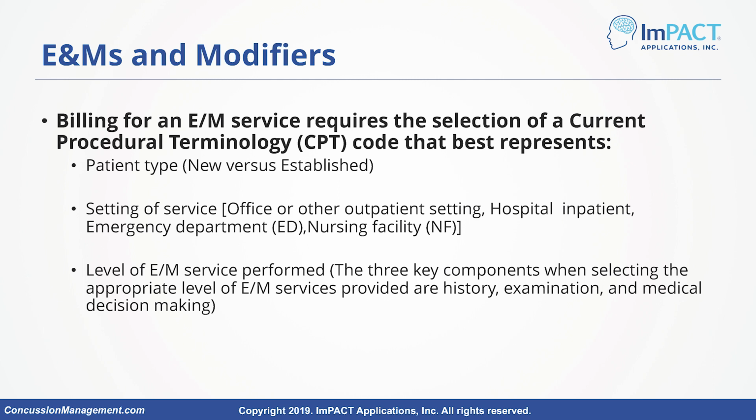So it's based upon patient type, new versus established, the setting of the service, which is an office or other outpatient setting, hospital, inpatient, emergency department, etc., and then the level of the evaluation, and that's how extensive was the history, how extensive was the exam, and how complicated was the medical decision making around that.